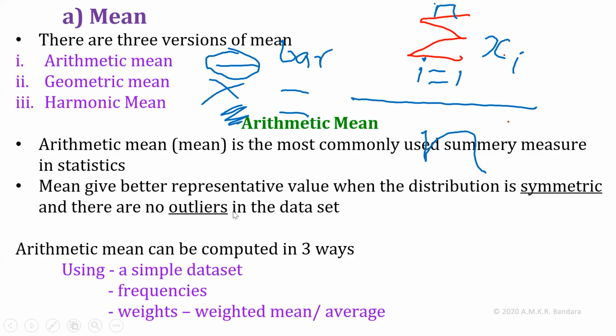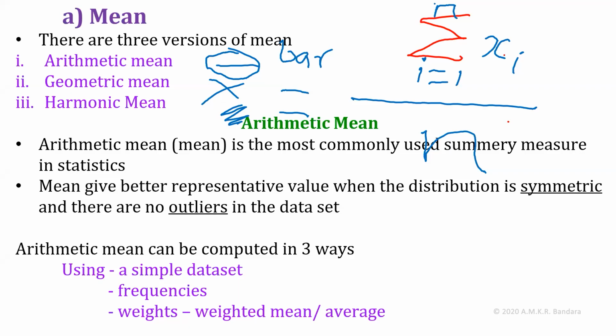One disadvantage of this arithmetic mean is this is affected by extreme observation. That means in a data set, there may be unusually large or unusually small observation.